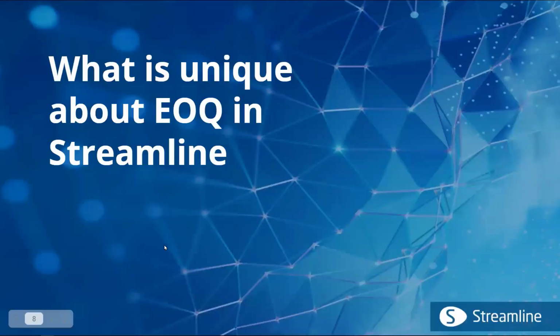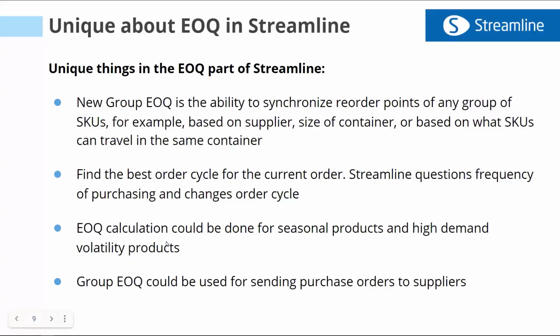So what we did in Streamline? Well, the value that Streamline brings as a technology largely depends on the way we recommend to purchase. Streamline works with groups of items, and by design is very efficient when you need to optimize a number of items. That's how we purchase. We purchase a number of items from a supplier.